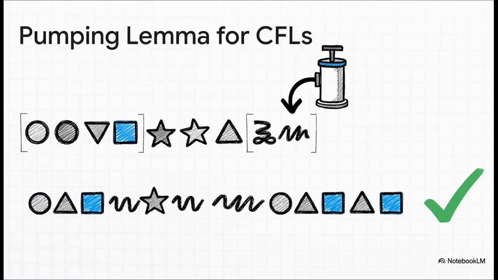Now, to actually prove that a language like this is beyond reach, computer scientists have this amazing tool called the Pumping Lemma. The idea behind it is actually pretty cool. It says that for any context-free language, if you take a long enough string, there has to be a little section in the middle that you can pump. It's like finding a little accordion bellows inside the string. You can pump it once, twice, 100 times, and the new, longer string you create should still be perfectly valid in that language.